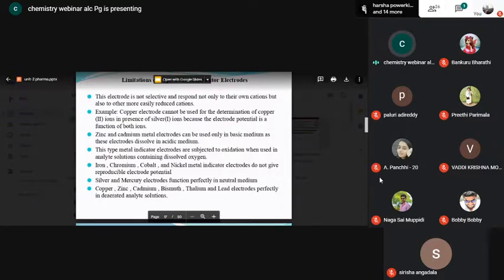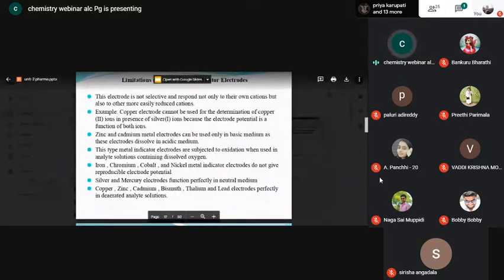If silver ions are present in the medium, and you use a copper electrode to find out the concentration of copper ions, then what happens? The potential developed by the copper electrode is not directly proportional to the copper ions alone, but also to the concentration of the silver ions.